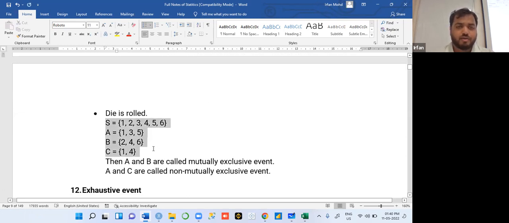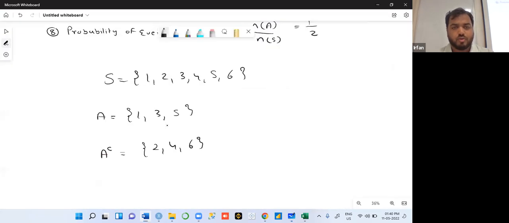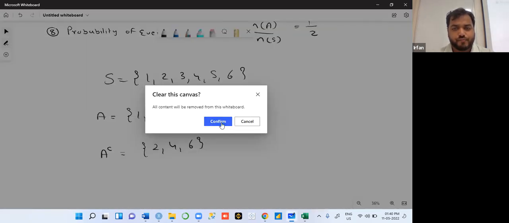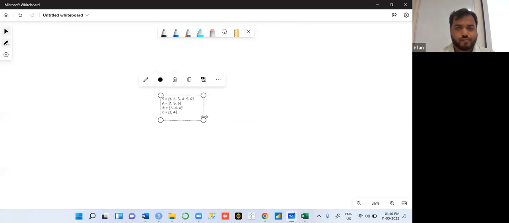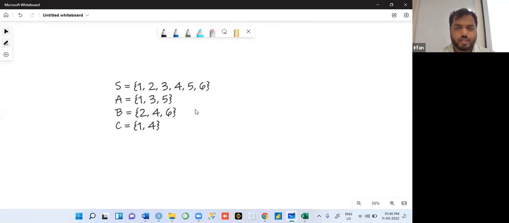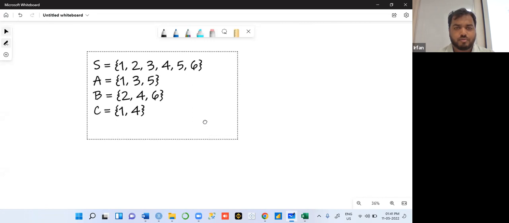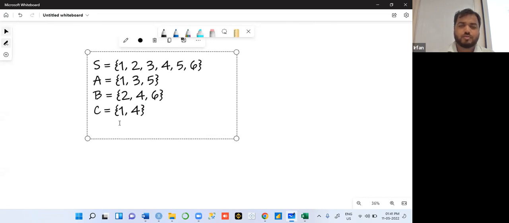We have a die. S stands for sample space.